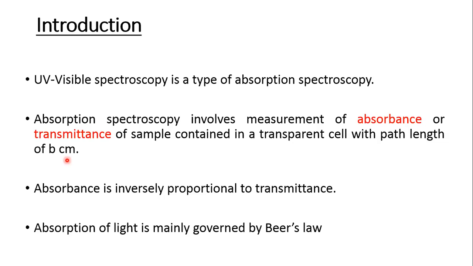When we put UV or visible light onto the sample, some amount of light gets absorbed and the remaining light is transmitted to the other side and reaches the detector.